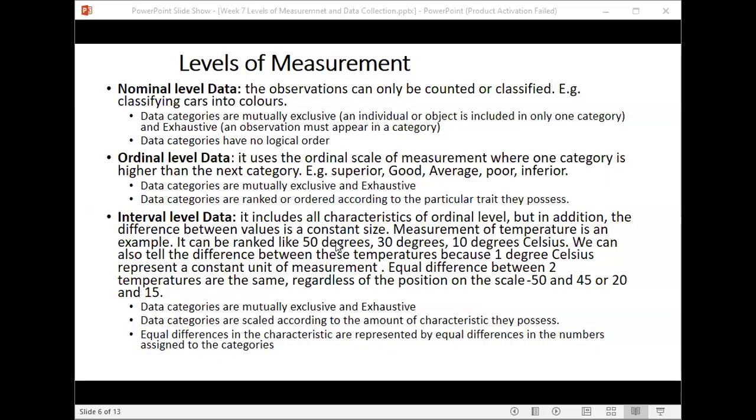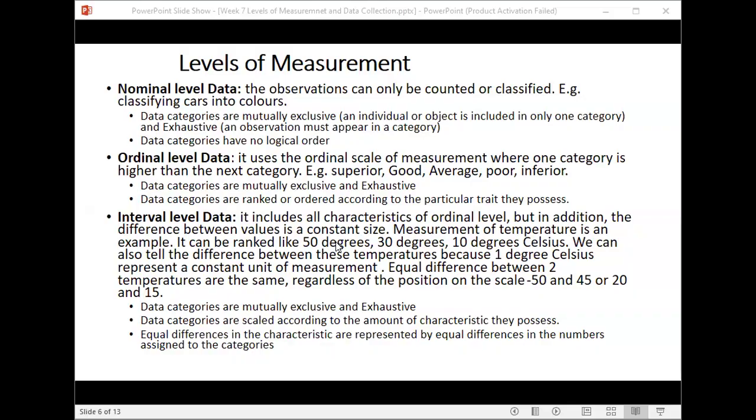So between 10 degrees and 30 degrees, the difference is what? 20 degrees. Between 30 degrees and 50 degrees, the difference is what? 20 degrees. So the change in temperature between 10 and 30 and between 30 and 50 are the same, because 1 degree is a constant measurement. You can't say 1 degree between 10 degrees and 30 degrees is different from 1 degree between 30 and 50 degrees. No. 1 degree measures the same constant unit. It has the same constant understanding of representation.